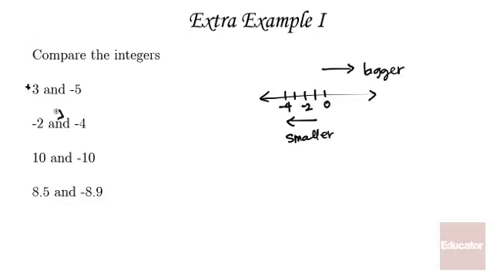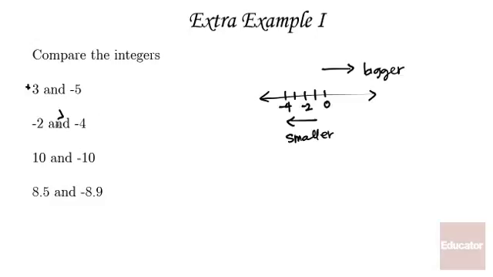You can also think of this as money, if you want to think of it that way. Negative 2 means that maybe you owe money. A negative, you either owe $2 or you owe $4.